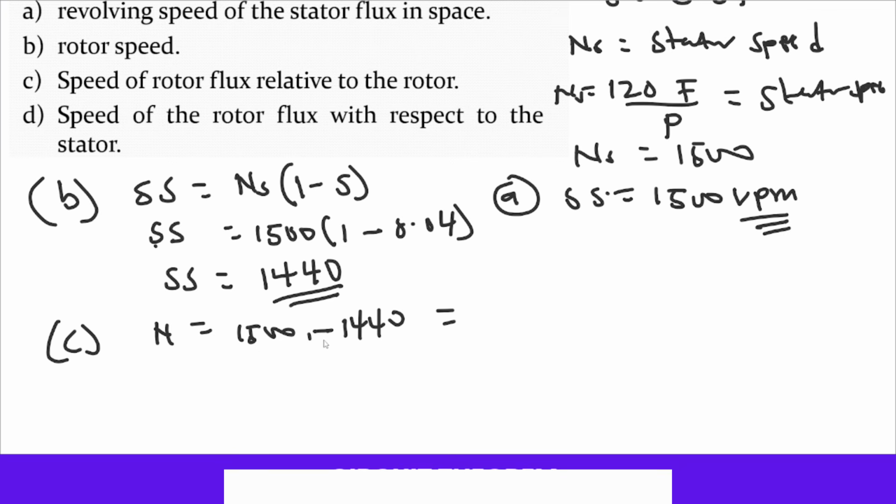So we look at the relative speed between the synchronous speed and the rotor speed. That will be 1500, the synchronous speed, minus 1440, the rotor speed. The observer standing at the rotor location sees the relative speed between the two. This gives us a corresponding value of 60 rpm.